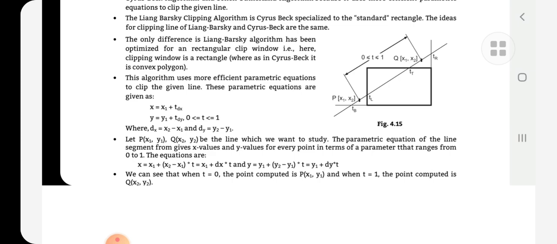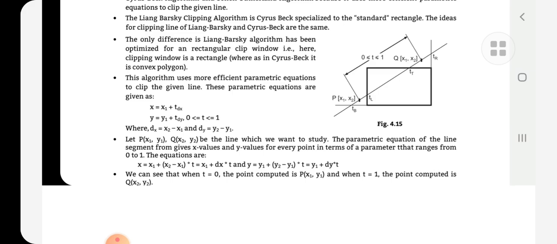Here P(x1, y1) and Q(x2, y2) are the line which we want to study. The parametric equations of the line segment give the x values and y values for every point in terms of a parameter t that ranges from 0 to 1.